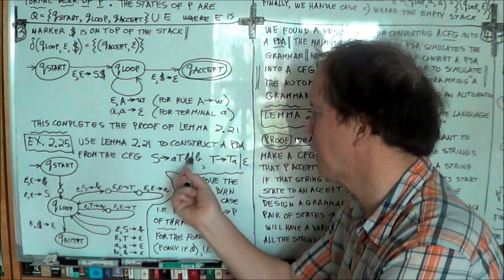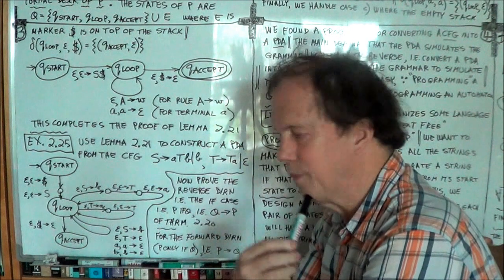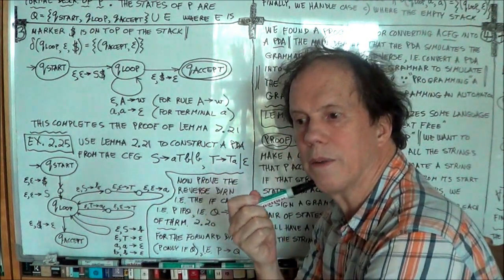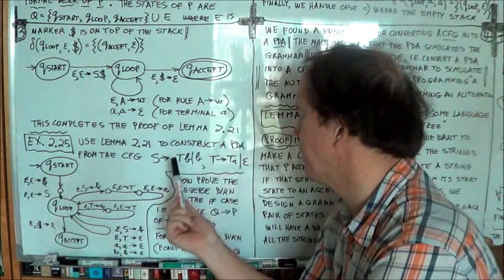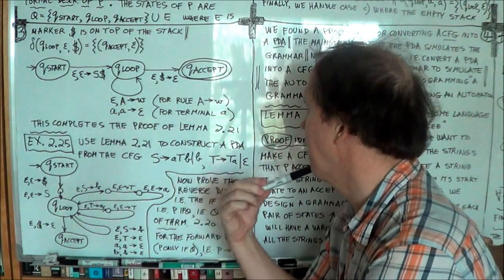Now I guess in this case the stack alphabet would be the same: little a, little b, and epsilon.